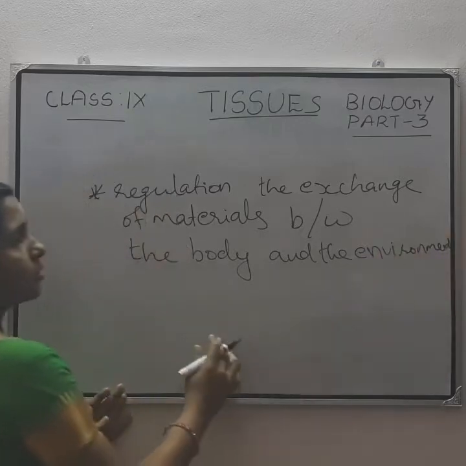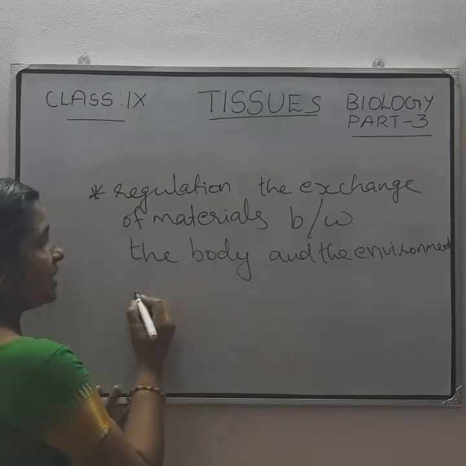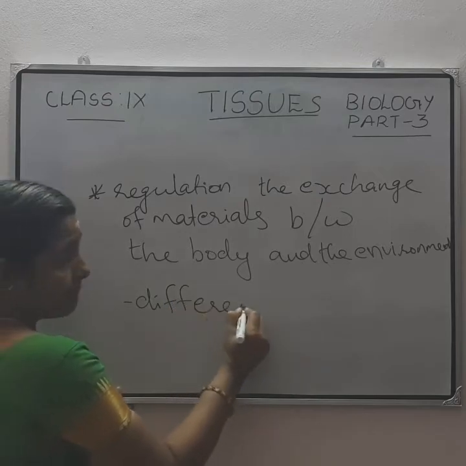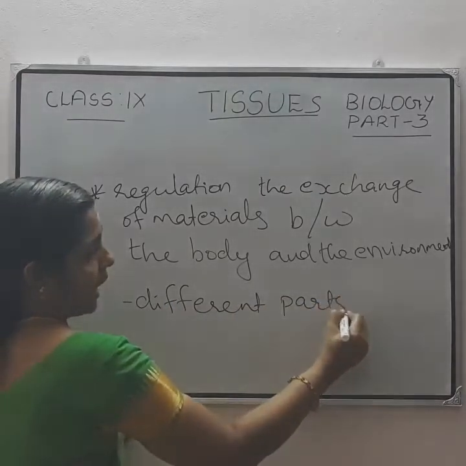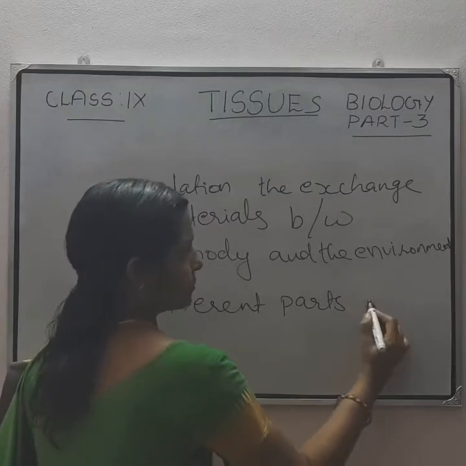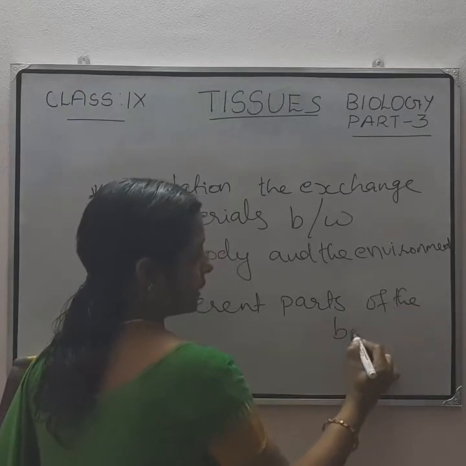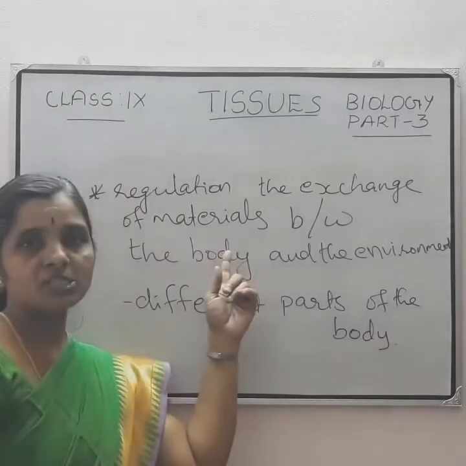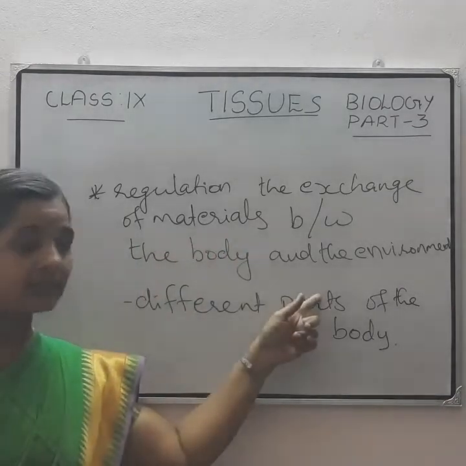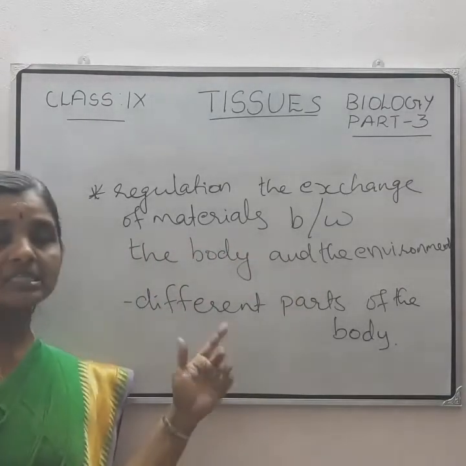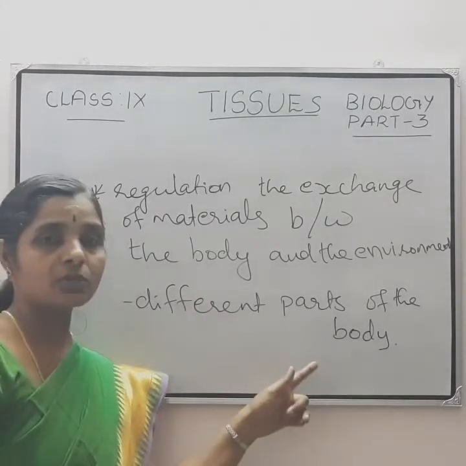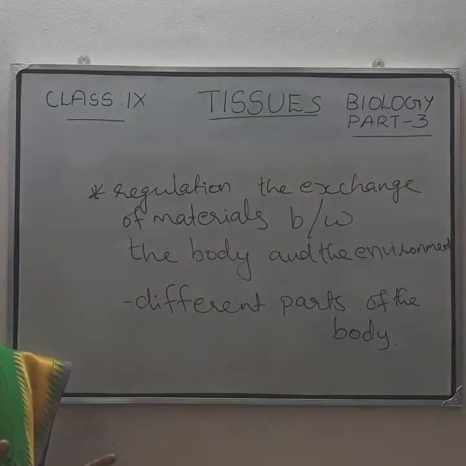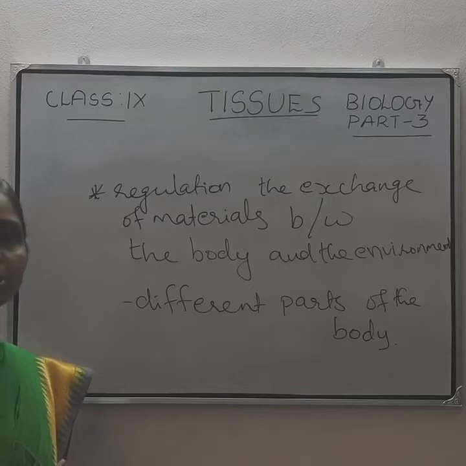And also the exchange of materials between different parts of the body. That is another feature of epithelial tissue. So it regulates the exchange of materials between the body and the environment, and between different parts of the body. Why does this occur? Because of the permeability of the cells of the epithelial tissue.